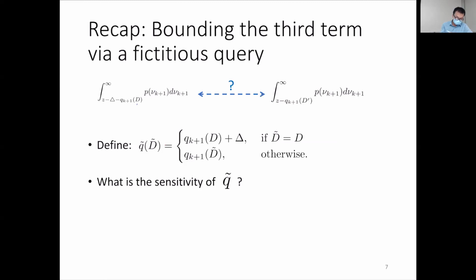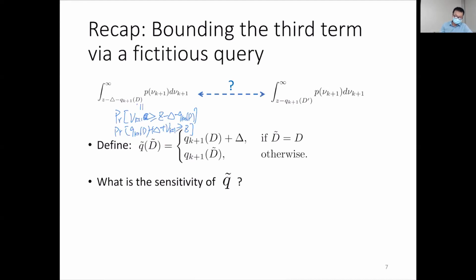What we can do is the following. First of all, let's rewrite what they mean. So this means that nu K plus 1 is larger than Z minus delta minus Q K plus 1 of D. And we move this to the other side, this becomes Q K plus 1 of D plus delta plus nu K plus 1, this one being larger than Z. Right, so these two are exactly the same.